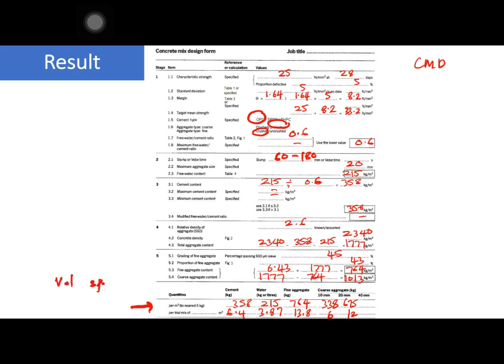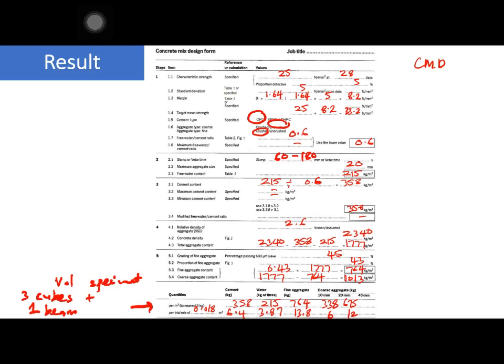So let's say for our case we need to cast 3 cubes plus 1 prism beam. So you calculate the volume. So the volume is 0.018 meter cube here. So this is the volume that we want to produce the concrete.